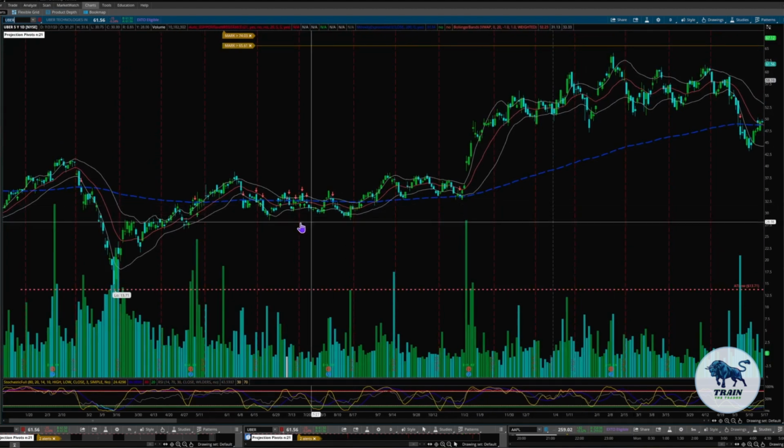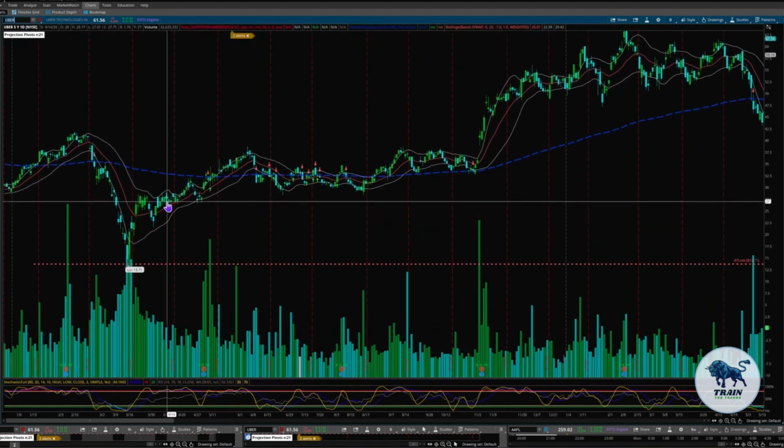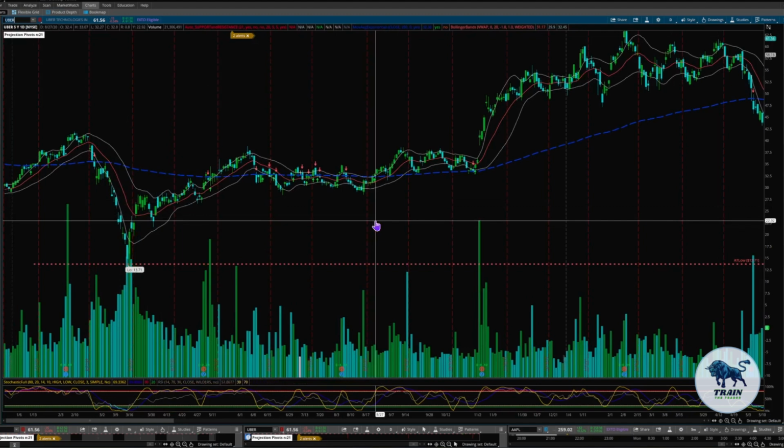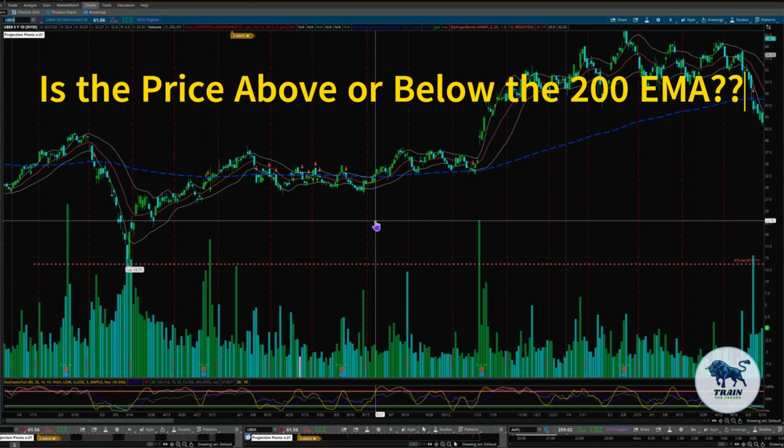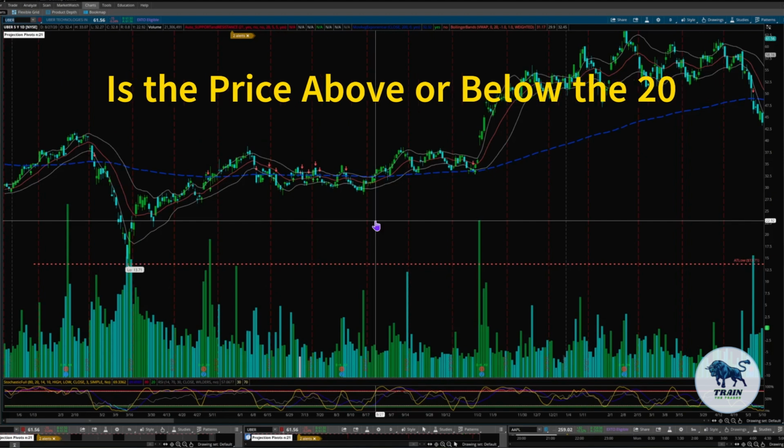Okay. That's important. Why? Because if you're trying to get on the right side of the trend, the first thing you need to understand is, is the price above or below the 200 EMA? And I'm going to keep saying EMA because that's what I use, but just know the SMA works exactly the same.